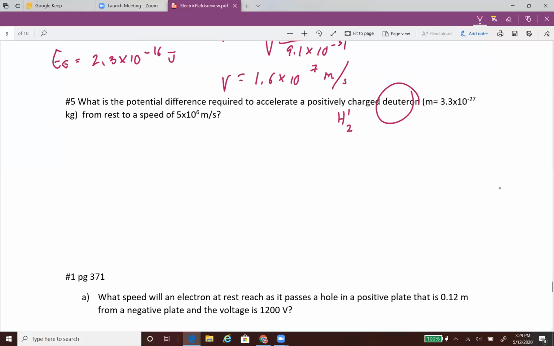If it's positively charged, that means its charge is simply +1. So we can actually work out what its charge is. We could say Q would simply be the elementary charge, so it would have a charge of plus 1.6 times 10 to the minus 19 coulombs. That should be big Q.